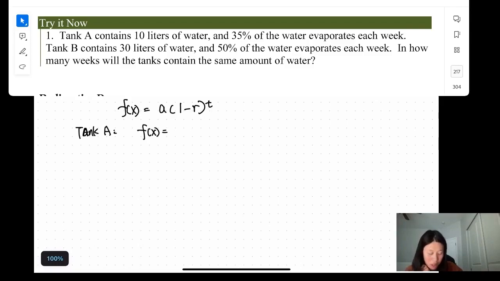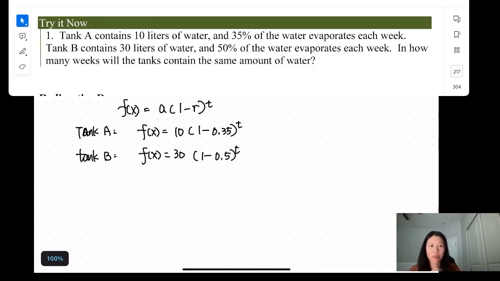We're starting with 10 liters of water, and the decay rate is 13.5% to the time power. And tank B, they start with 13 liters, but it decays much faster, 50% each week. So how many weeks will the tanks contain the same amount of water? Pause the video and try to do it by yourself.